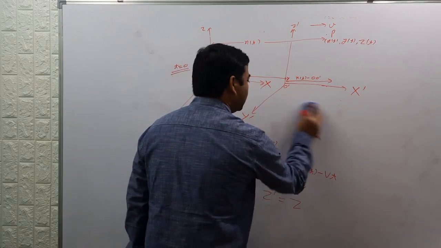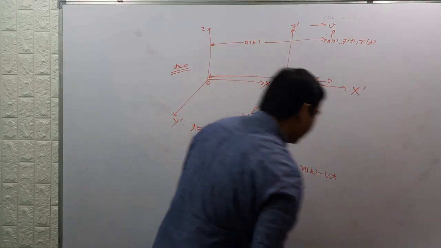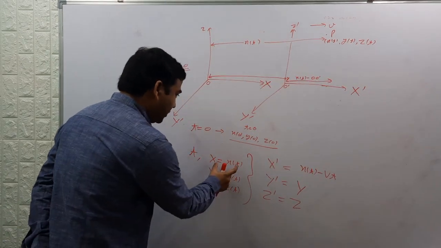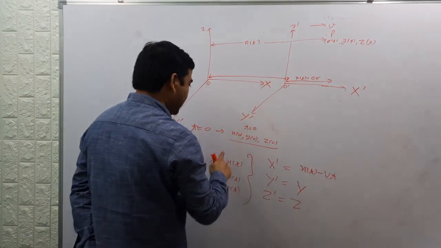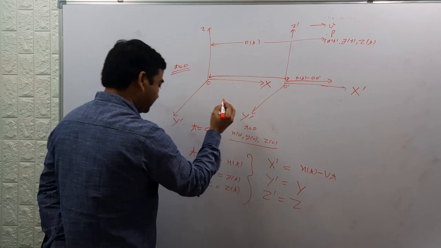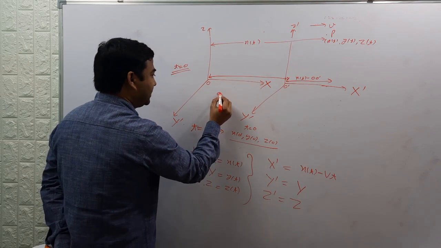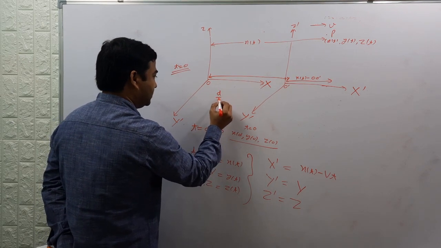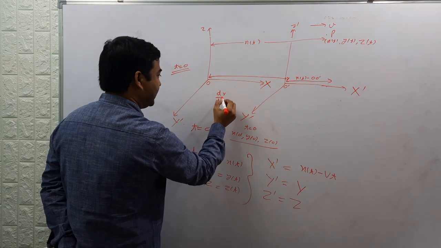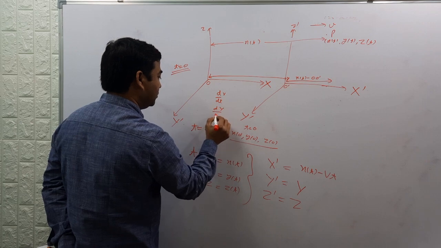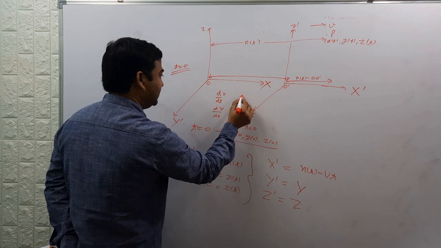Now, velocity of this point, as we have discussed in our earlier discussion, in this reference frame, velocities are dx over dt, dy over dt and dz over dt.